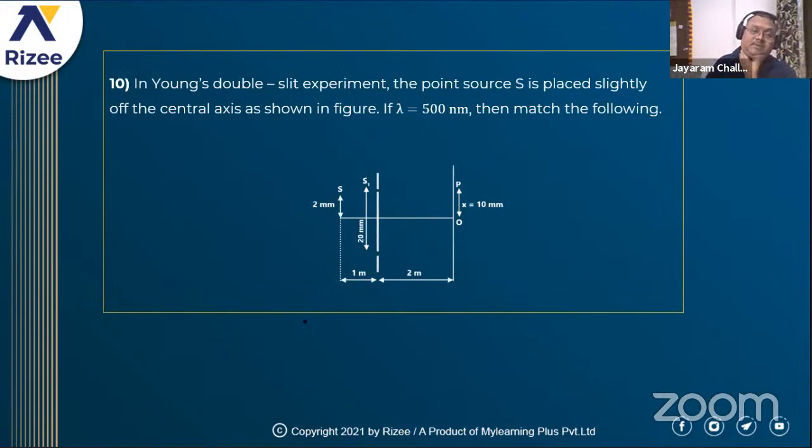Next, question number 10. In the YDSE experiment, the slit is being pointed slightly off the central axis. Lambda is equal to 500. Match the following. So now if this is going to be happening, the source is there. The light from this source reaches the point P in this direction, and from S2, this is the light coming in this way, and it is being reflected on this one.